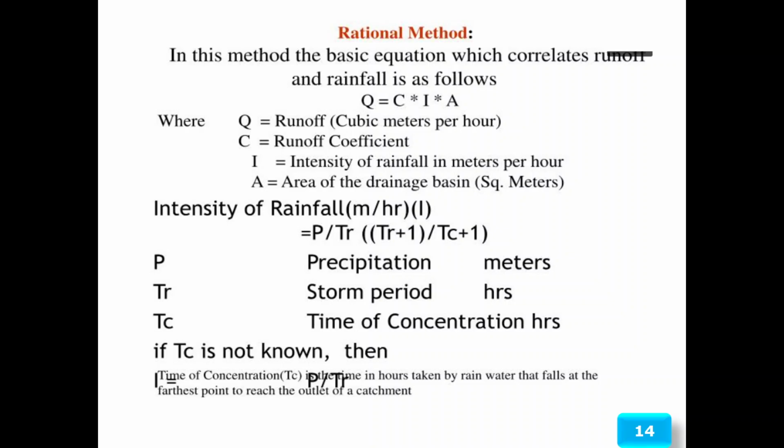That means the time of concentration Tc is the time in hours taken by rainwater that falls at the furthest point to reach the outlet of a catchment.